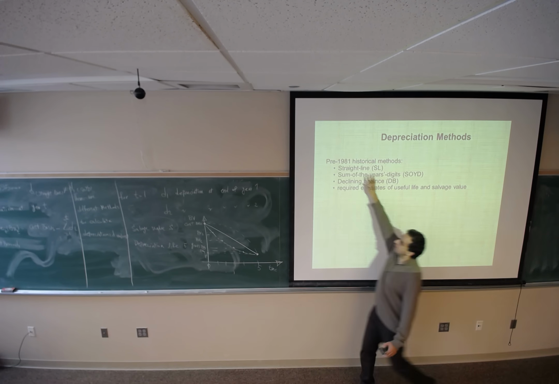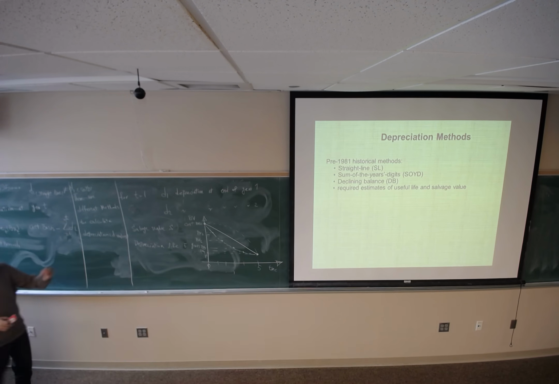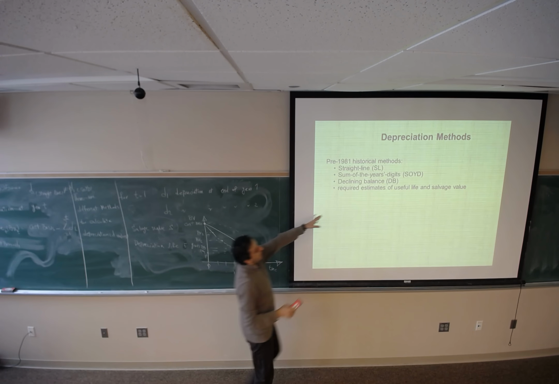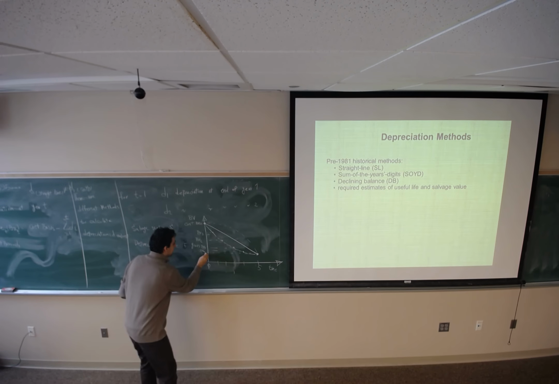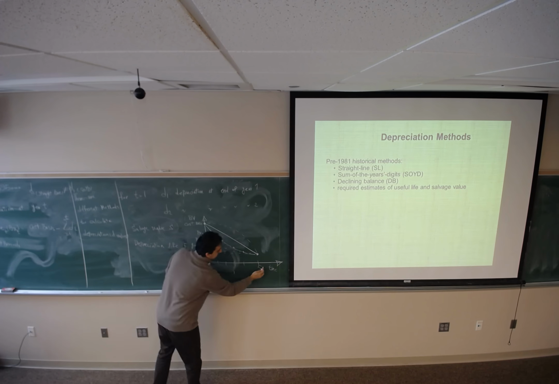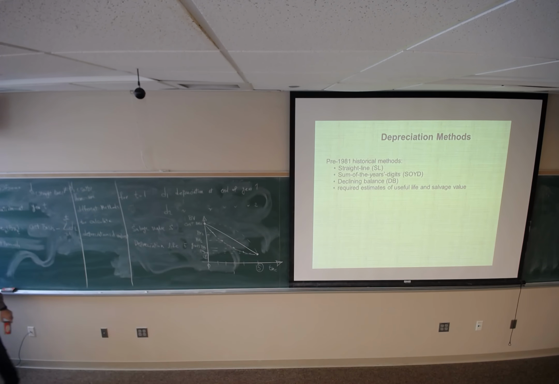We will talk about them shortly. In these methods, you need to know the useful life and the salvage value, so you need to know S and N, which should be estimated or given.